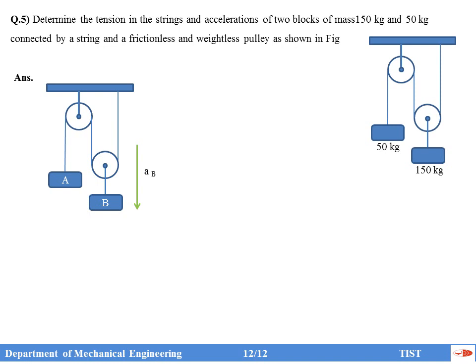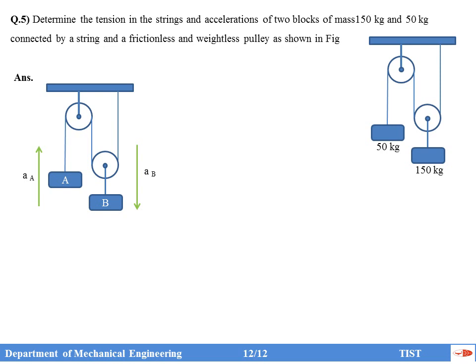So AB is in the downward direction and AA will be in the upward direction. You cannot take block A also moving in the downward direction, which is wrong.